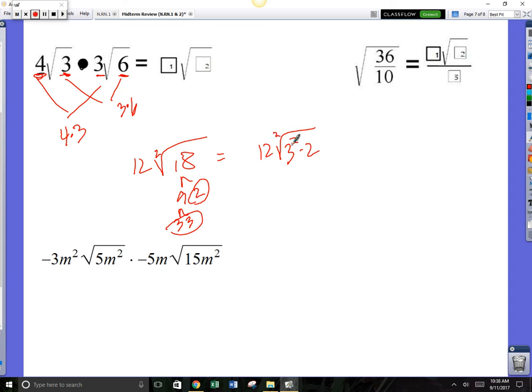And that's a square root, so that square root undoes that square, so bring 3 out. So it's going to be 12 times 3 out, and this 2 stays in. So outside you are going to have 36, and on the inside you have a 2. So 36 goes in that box, and then 2 goes in the second box. And that is the same thing as 4 square roots of 3 times 3 square roots of 6.